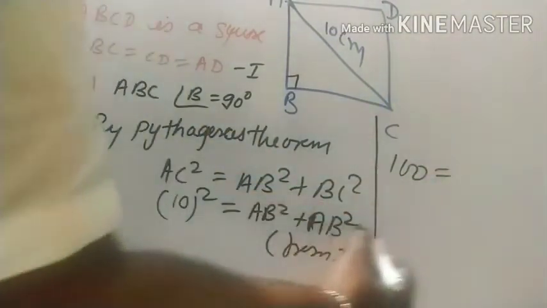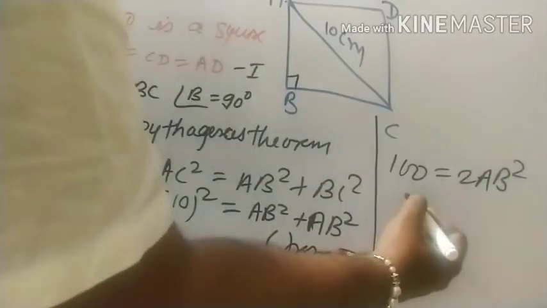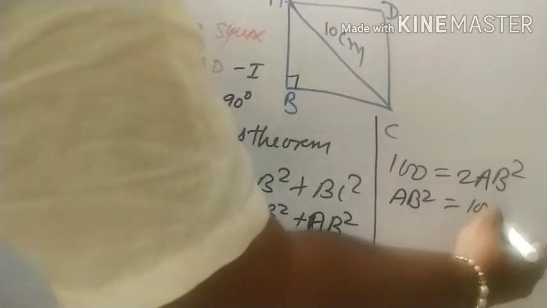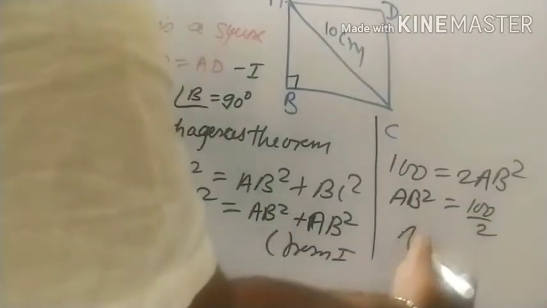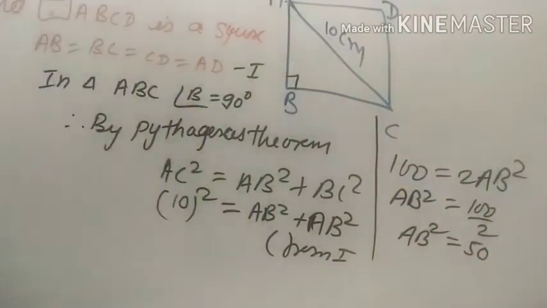AB square plus AB square is 2AB square. Now AB square is equal to 100 divided by 2, which is 50.